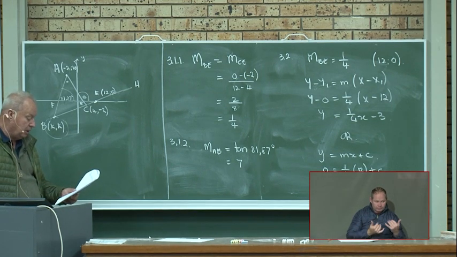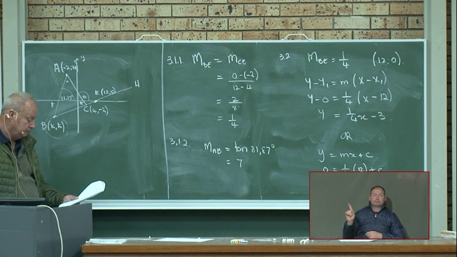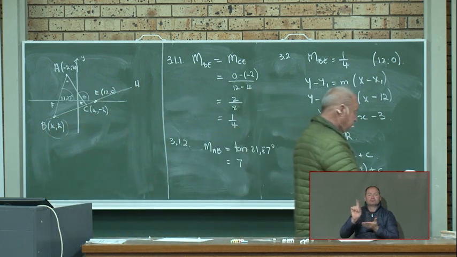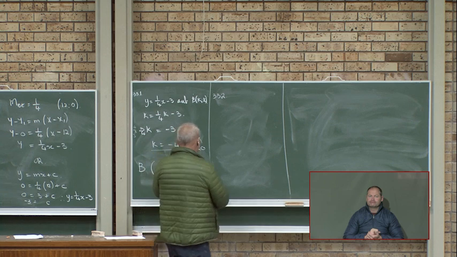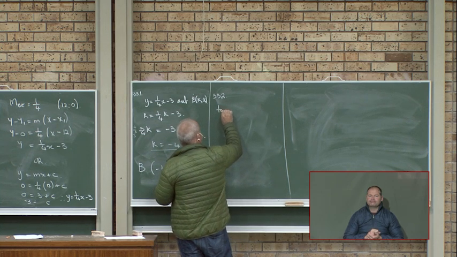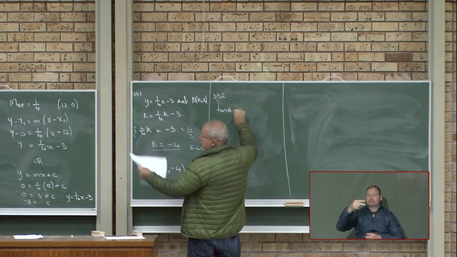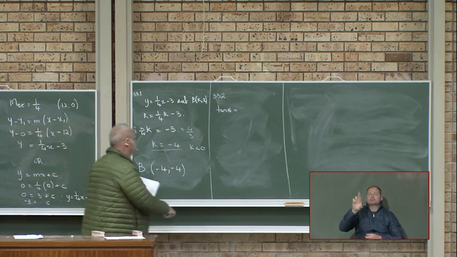So in this case, we can say that the tan of theta is equal to the gradient of AC.